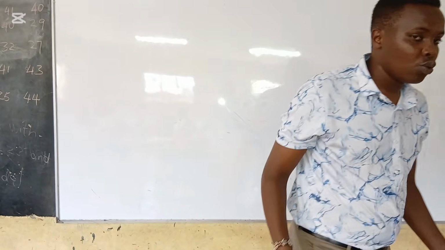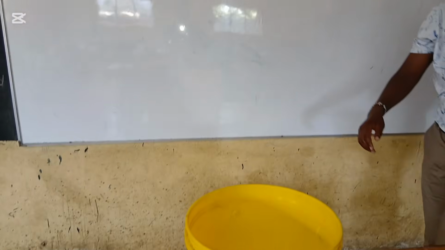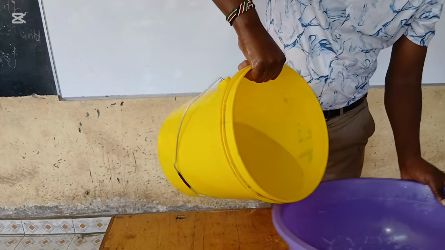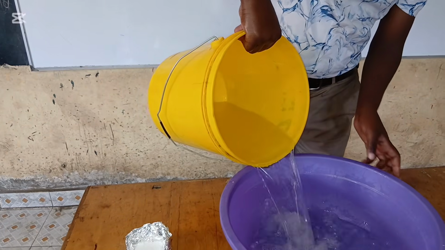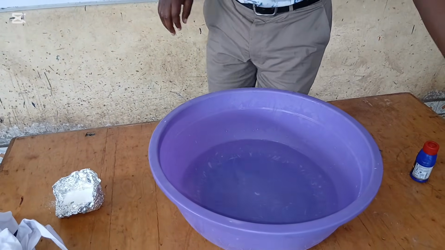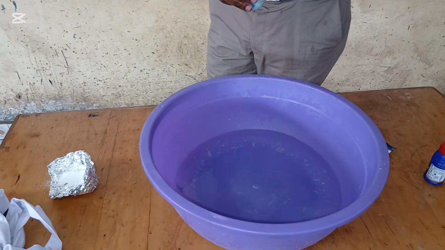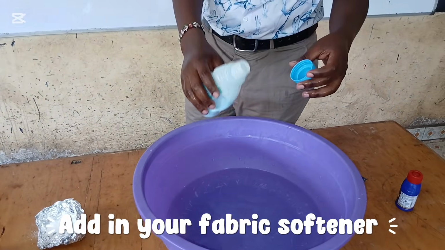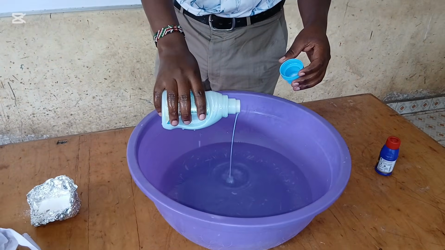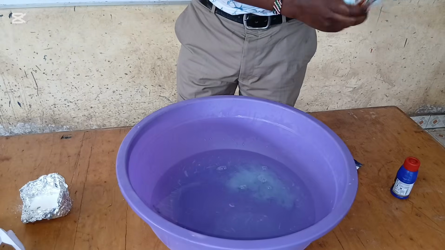So I'm going to rinse with cold water. Remember, we started with warm water. Then I'll add fabric softener, so that I can remove the disinfectant odor from the fabric.